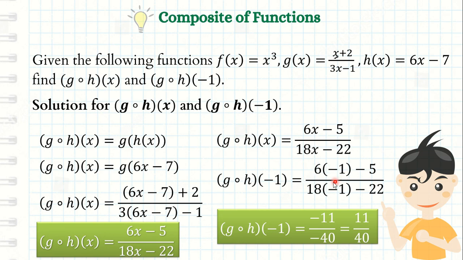So 6 times negative 1, that is negative 6, minus 5, negative 11. 18 times negative 1, that is negative 18, minus 22, we have negative 40. Since si numerator and si denominator is parehong negative, we can cancel out yung negativity po. Kaya po the final answer will be positive 11 over 40. So ganun po siya.